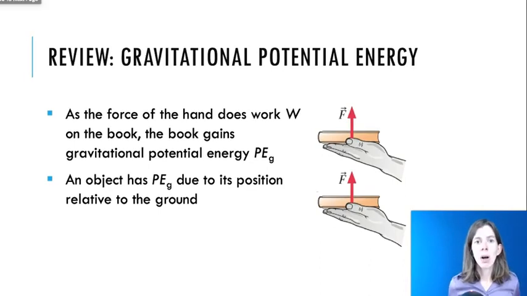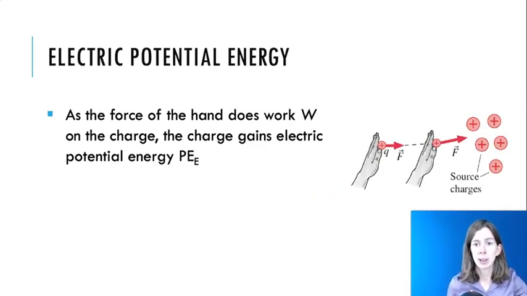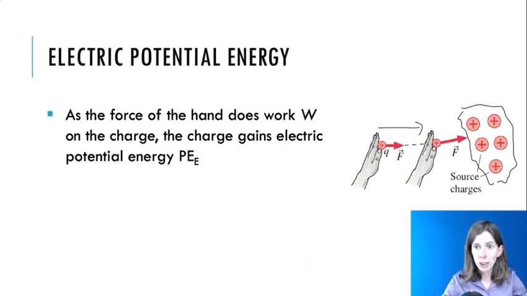Now, let's look at electric potential energy. It's very similar. Imagine that there are some positive charges here, and that you are trying to push another positive charge from this position on the left to the right. In order to push it there, you're going to have to do work on it, because it doesn't naturally want to go there.